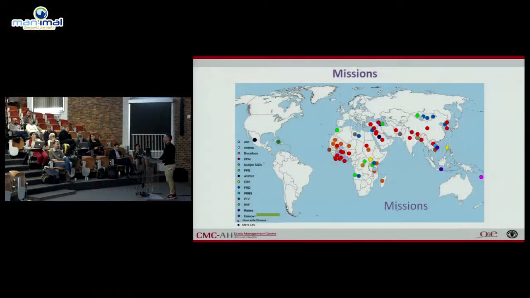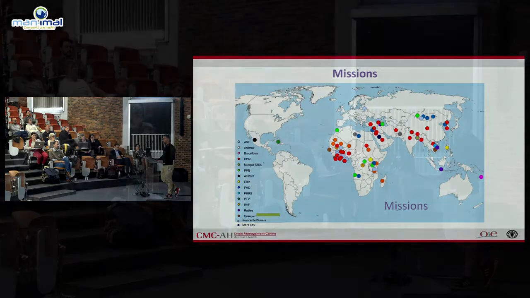This is a broad overview, I don't think really up to date, but that's to give you an idea of where the coverage of the missions is taking place, mainly in the Middle East and in Africa for emergency missions, a bit less in Asia, because we have a regional office that is covering those emergencies.